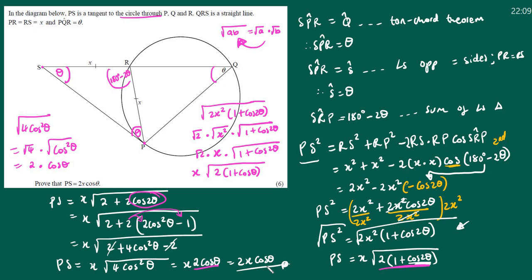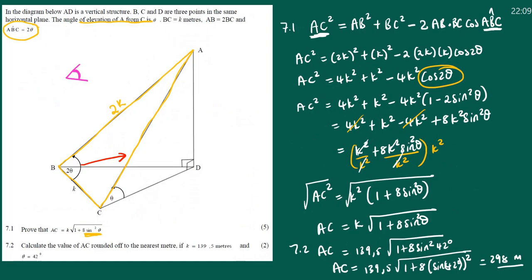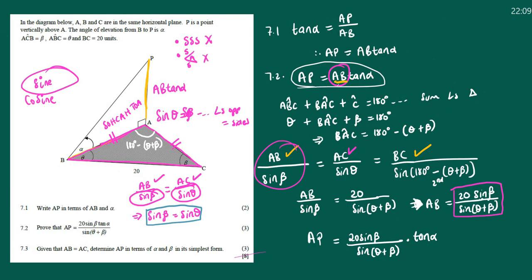Yes, sir. Okay. Alright, so that is it, guys. That is how we deal with these solutions to triangles. Please just make sure that you identify the triangle. If it's a right angle triangle, you know you're going to apply SOHCAHTOA. But if it's not, you're going to apply the sine or the cosine rule. How do you know that I must apply the sine rule or the cosine rule?